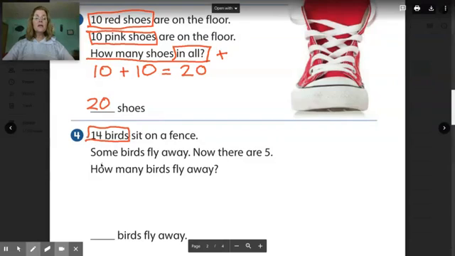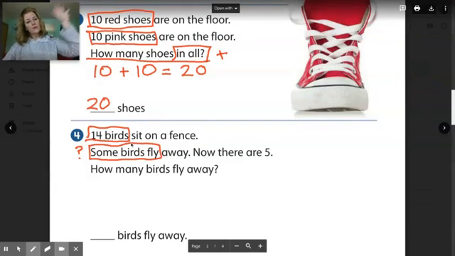Some birds fly away. Do we know how many? Nope. There's some, so that is our mystery number. And if they fly away, are we going to add the birds together or are we going to subtract them? Yep, we're going to subtract them. We're going to minus.